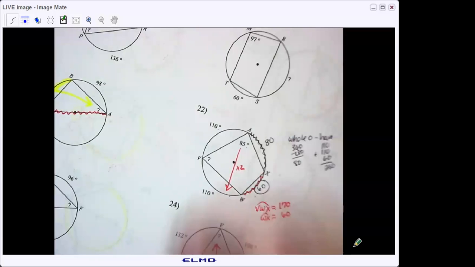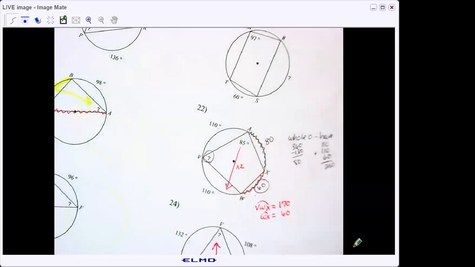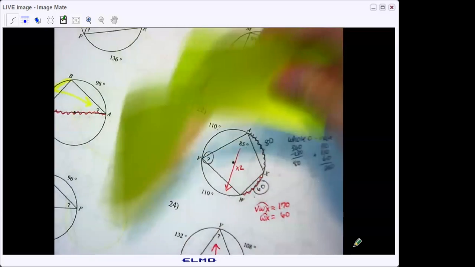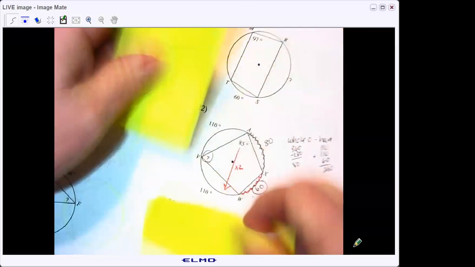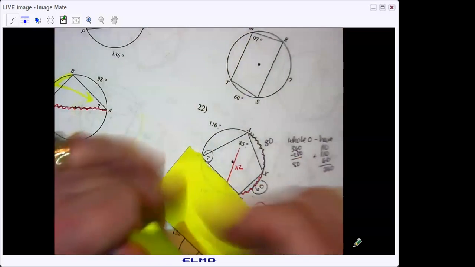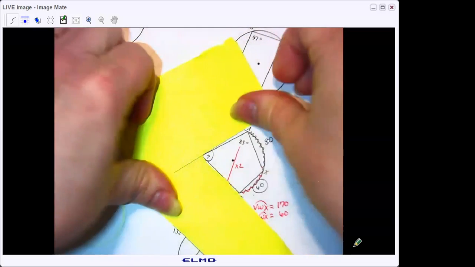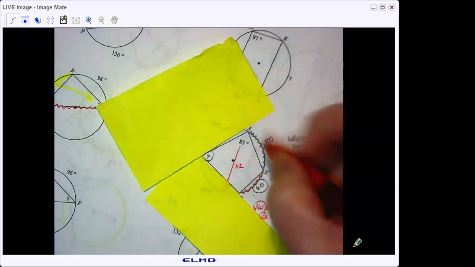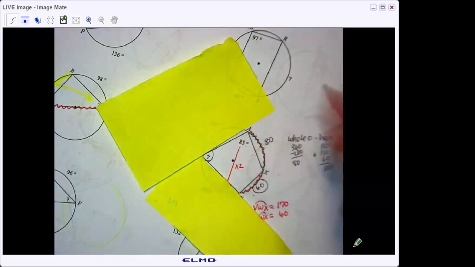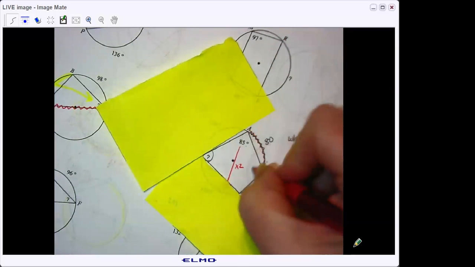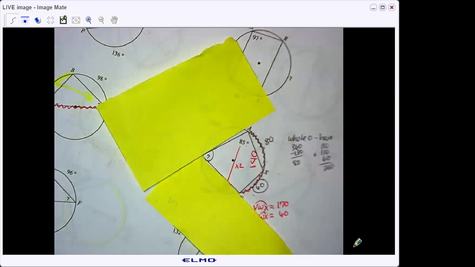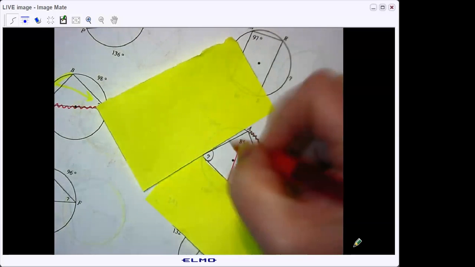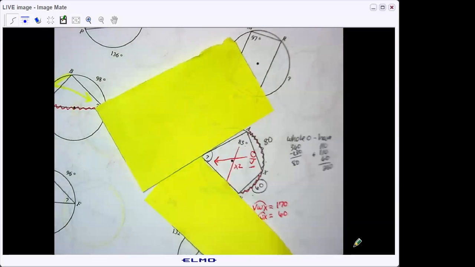Okay, now to find this angle, let's look at the arc we need to find. The arc that we needed to find, and this is part of Gianna's question, is this arc right here. But that arc is 140. That arc is 140. So how would I find the angle?